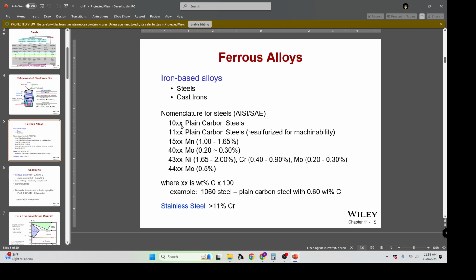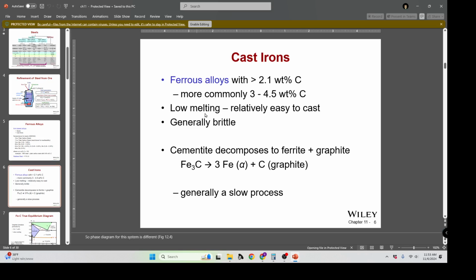The 44 series is 0.5% molybdenum, so a lot higher percentage. The last two digits are the weight percent carbon times 100, so 1060 steel is 0.6 weight percent carbon, so that should make sense. Above 2.1 weight percent carbon is cast irons, more commonly in the 3 to 4.5 range.